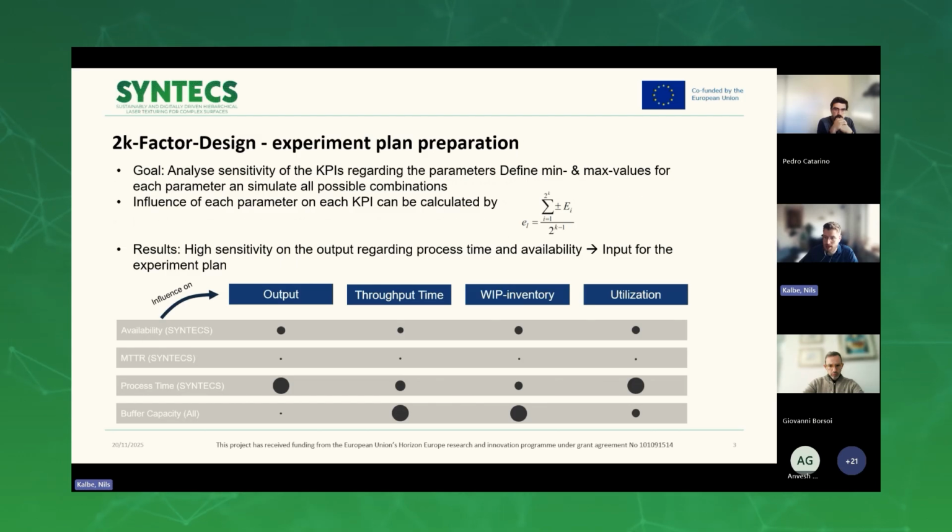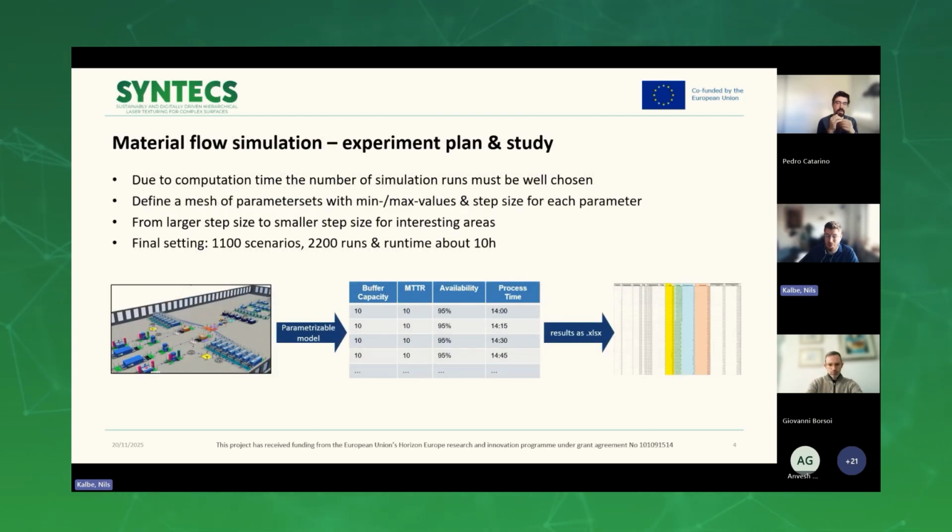After we've done that, we did our experiment plan. Due to computation time, the number of simulation runs must be well chosen. So we need to define a mesh of parameter sets with min and max values and a step size for each parameter. Here our previous analyses are relevant to decrease the number of simulation runs.